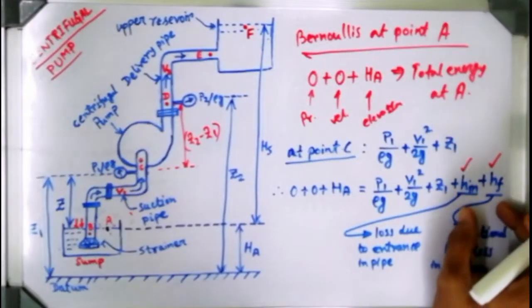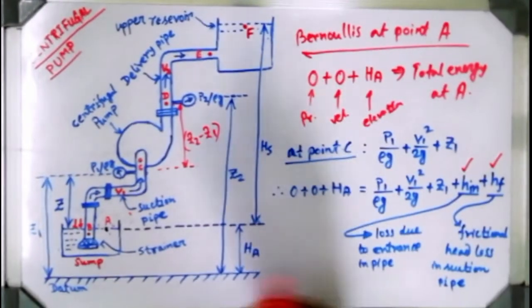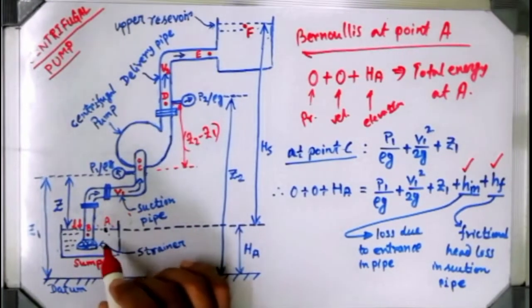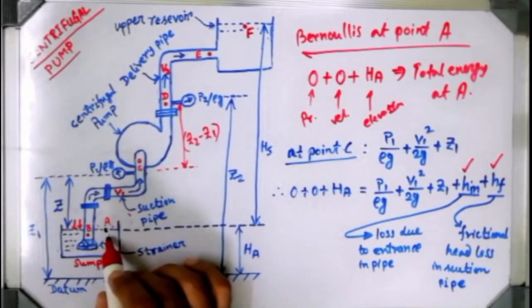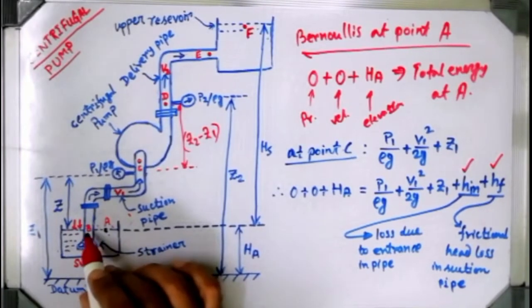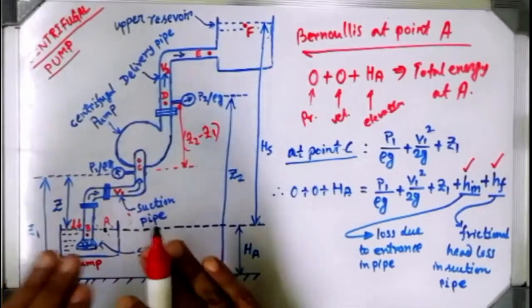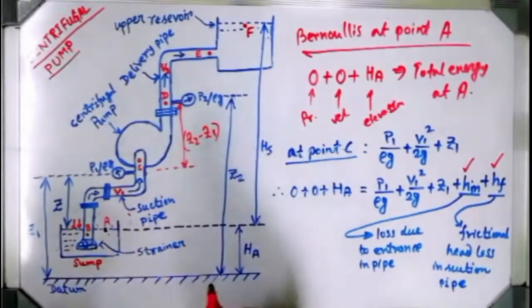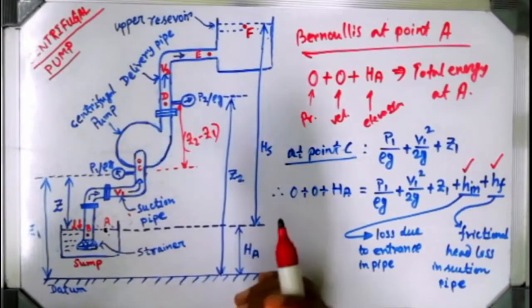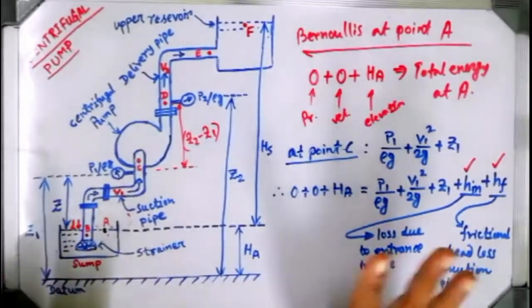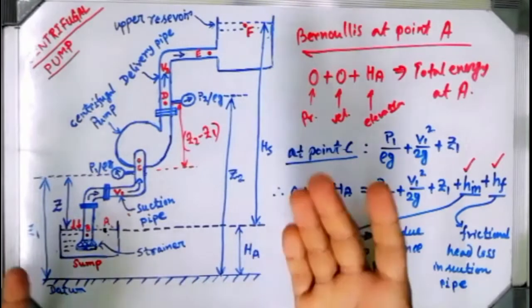These minor losses occur because of change in velocity. Because the liquid which is entering the pipe will gain some velocity. So while the change in velocity is there, obviously some acceleration will be there. We all know from our basic concept, if there is any change in velocity, then acceleration must be there.